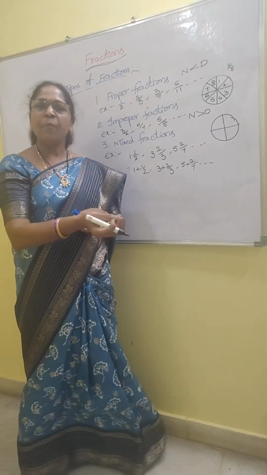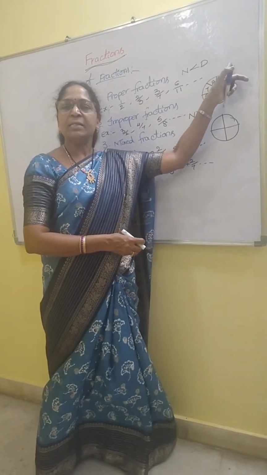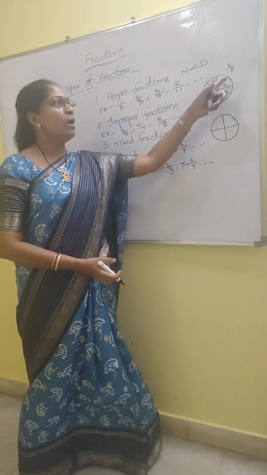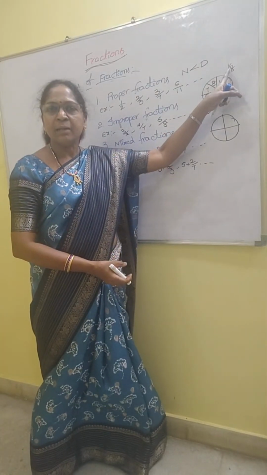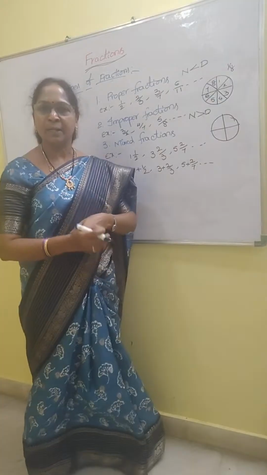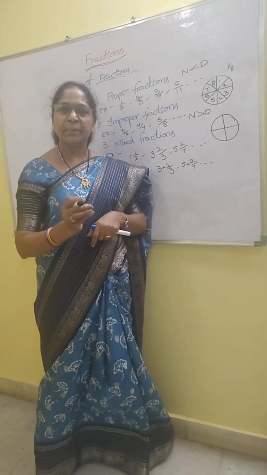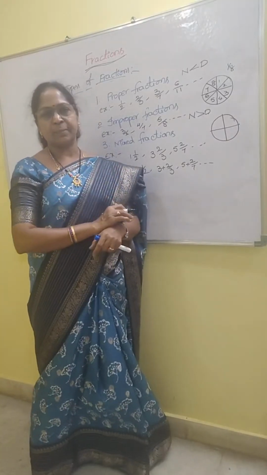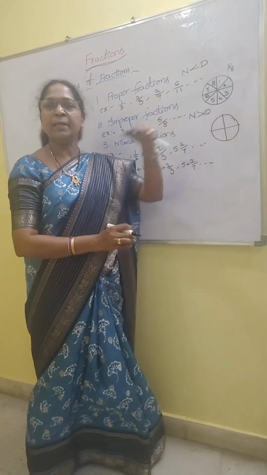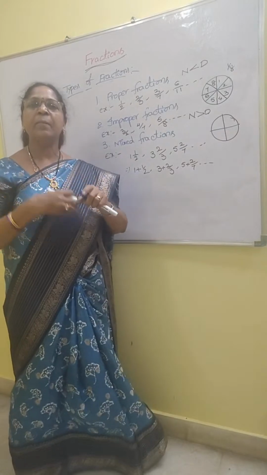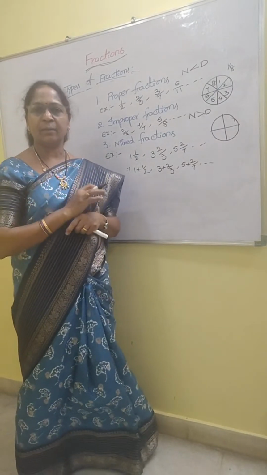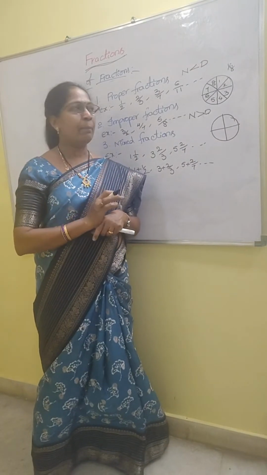The top number is the numerator value and the bottom number is the denominator value. The denominator always represents the total number of parts, and the numerator represents how many parts you take. That you have to remember.